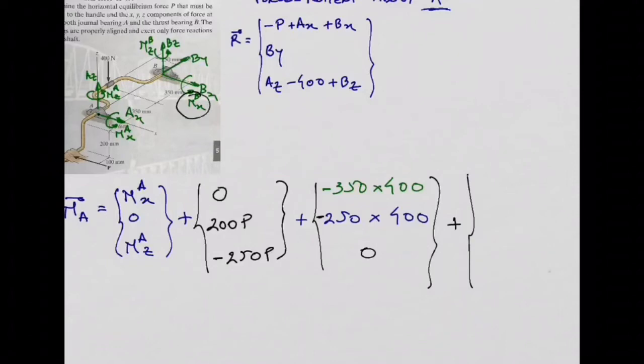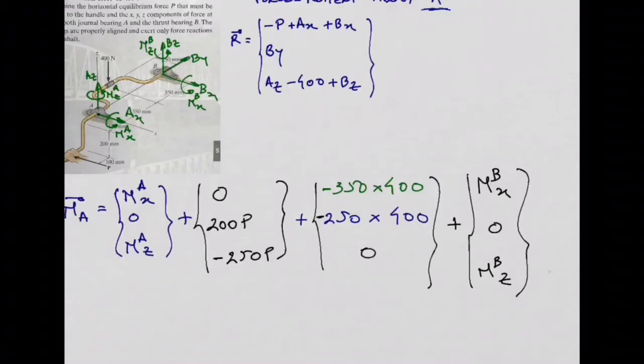we have MBX, right? MBX, which is a moment already about X. And we have MBZ. So these are the reaction moments at point B. So they are already moments, so I just include these moments.